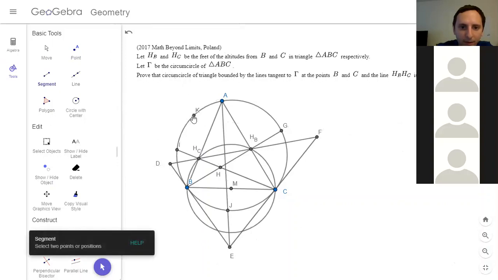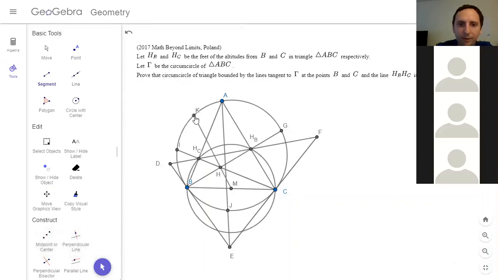But basically, yeah, let HM cut the circle at point K. So angle AKH is 90. That's a well-known fact. And we want to show DI and K are collinear. And then similarly, FG and K would be collinear. And then by what you were saying, I think that would solve it.